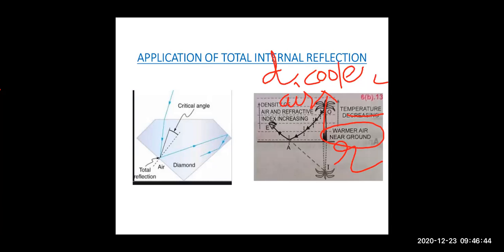Yes. Second, what happens is that when the light enters from a denser medium to a rarer medium, continuously due to the refraction of light, the ray of light enters from denser to rarer medium and so it starts bending away from the normal, and there are many layers.